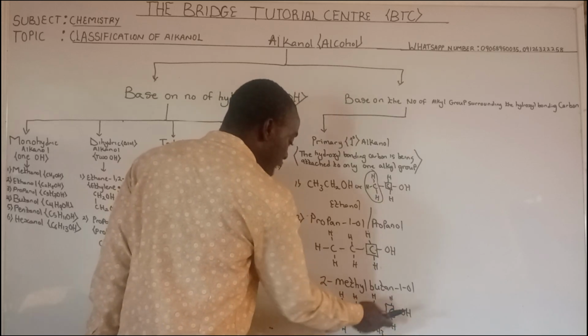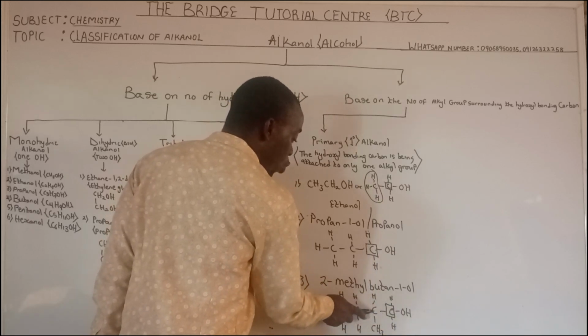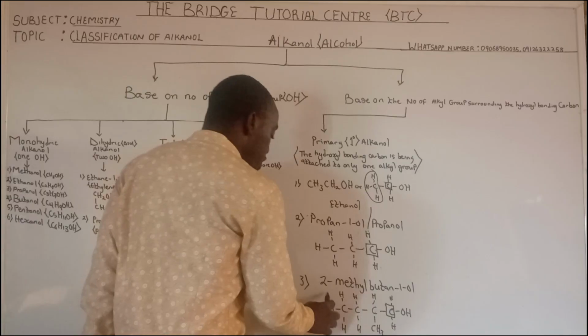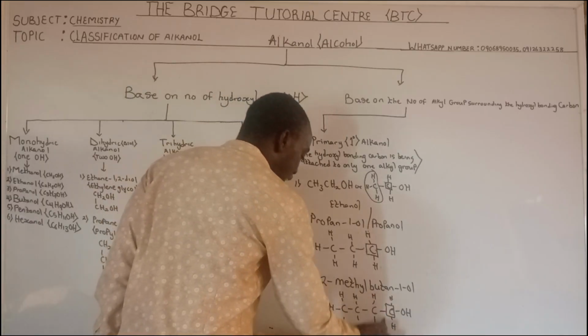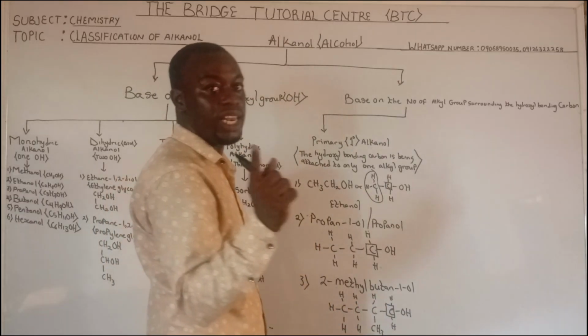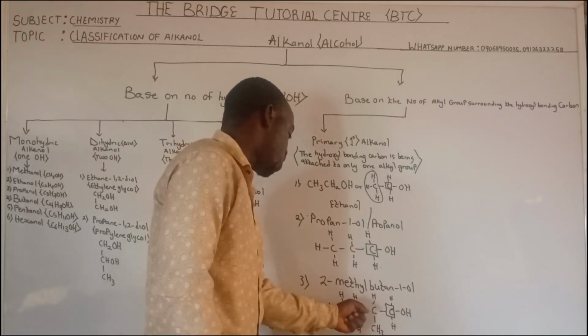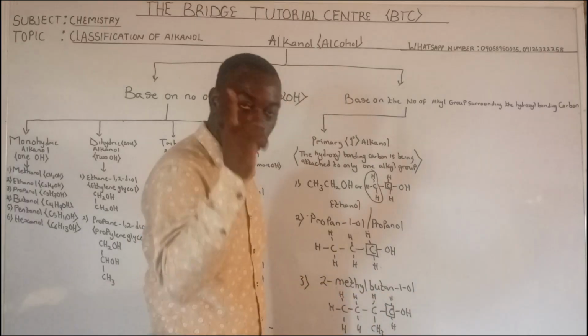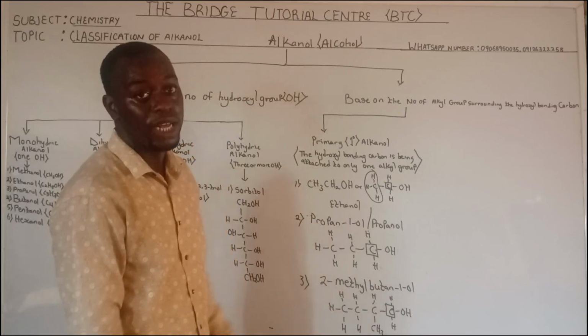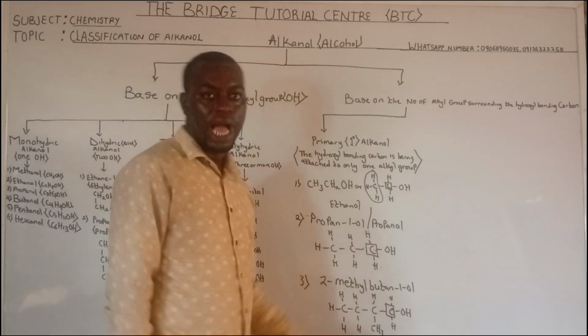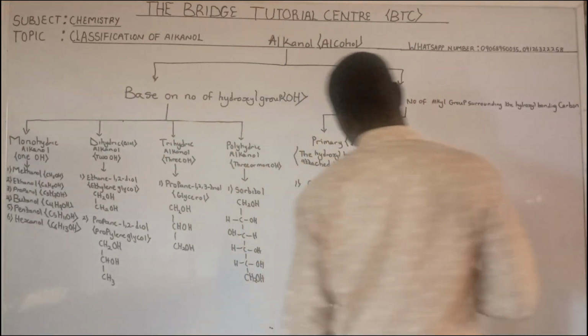How many have direct contact with it? It is only this. So we just refer to all of them here like alkyl. So they are just one alkyl like that, which is butyl. You can see that there are 1, 2, 3, 4. This is butyl. So it is one alkyl being attached to this carbon atom. So it is still primary alkanol. Okay, that's our primary alkanol.